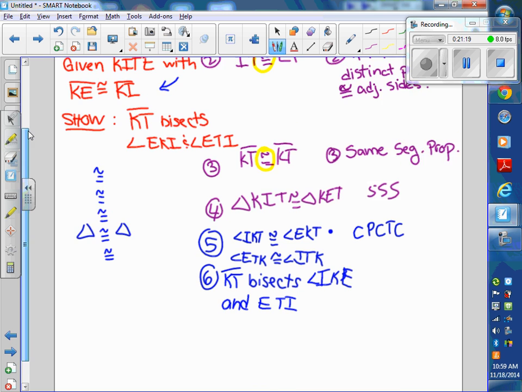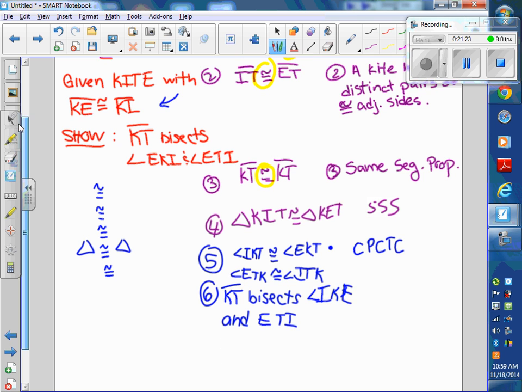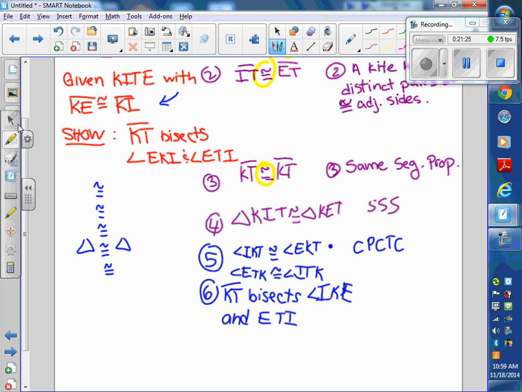Look in the picture, make sure I said that right. Yeah, ETI. So pay attention to order. In other words, this goes with this angle, and this statement goes with this angle. And a little angle symbol there.